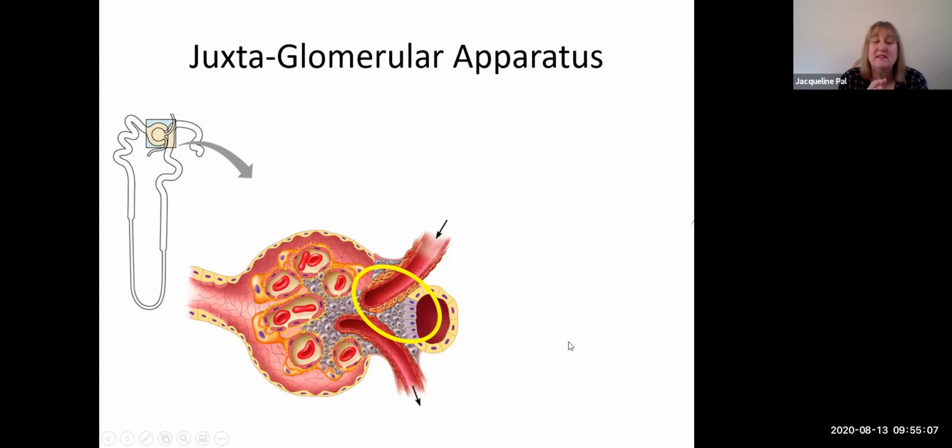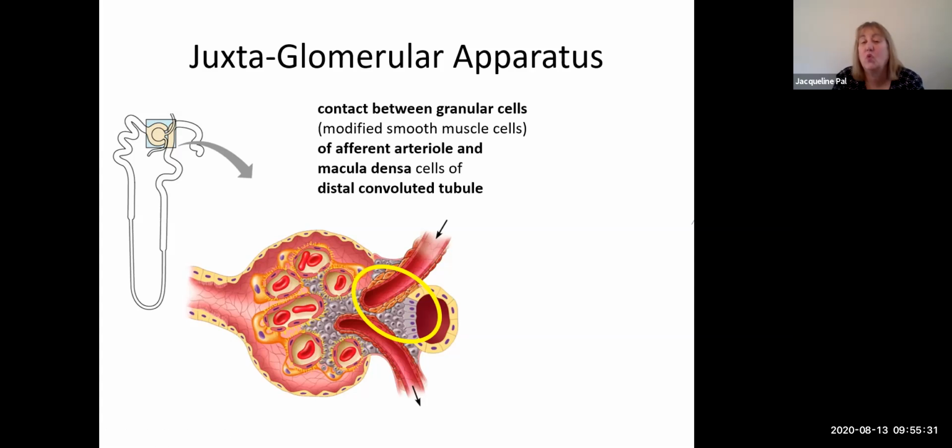But there's two other ways to tell the two of them apart as well. One is more blood is coming into the glomerulus than leaving it because of the filtrates taking the fluid out. So the afferent arteriole usually has a wider diameter than the efferent arteriole. And the second one is the afferent arteriole has these specialized smooth muscle cells in its wall. And those smooth muscle cells are called granular cells.